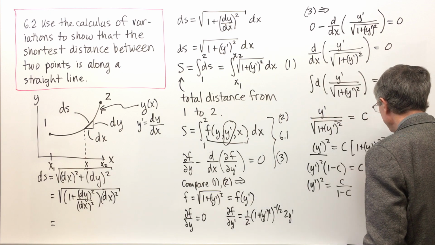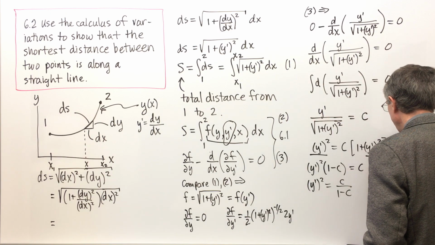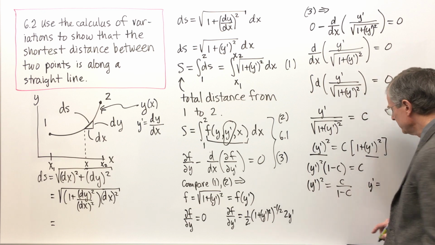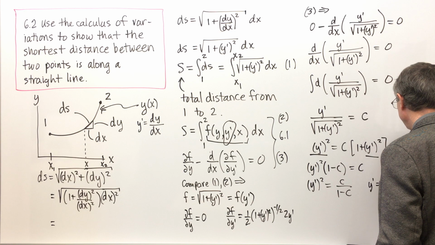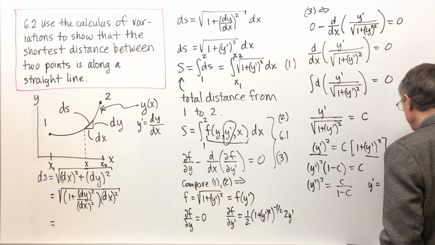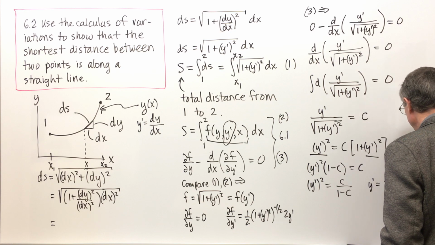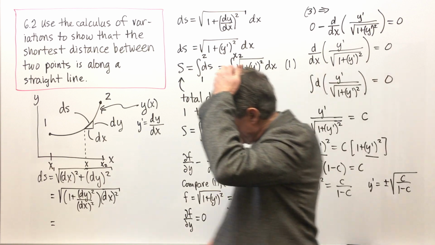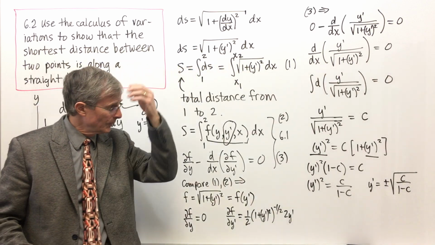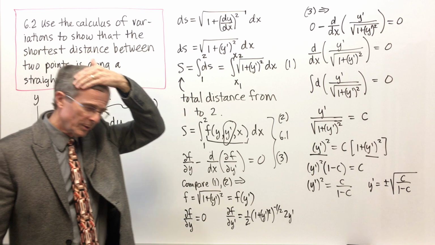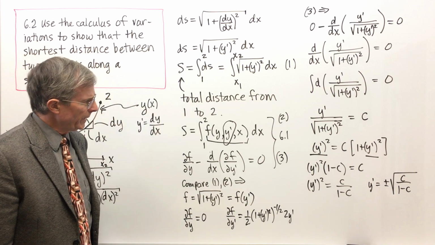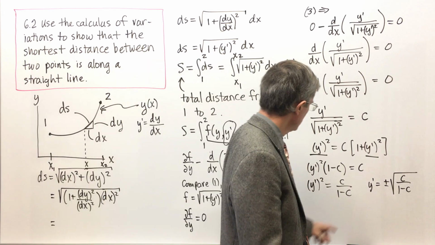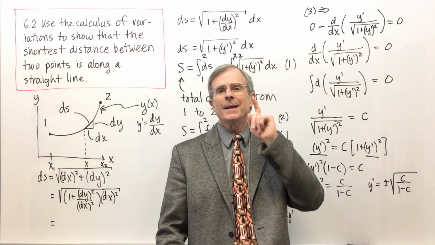And y prime, take the square root of both sides, it'll be plus or minus the square root of c over 1 minus c. Now, I might ask what that tells us about the world. And you might answer, well, hang on here just a second. c is a constant.